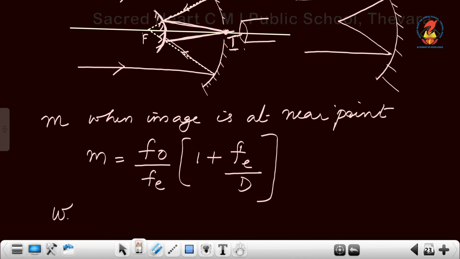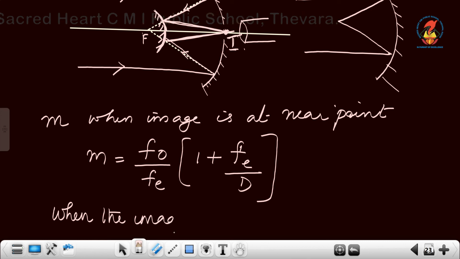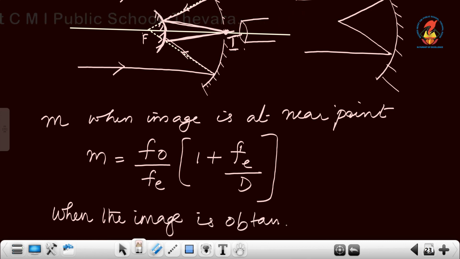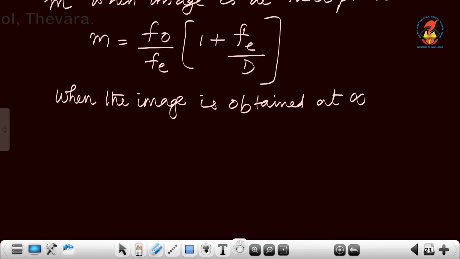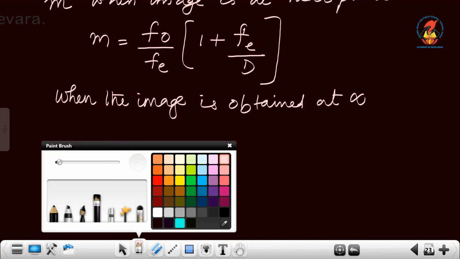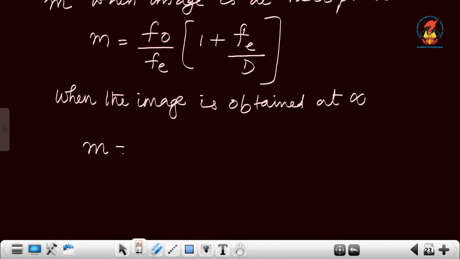And when the image is obtained at infinity, we get the equation for magnification as m equals f0 by fe.